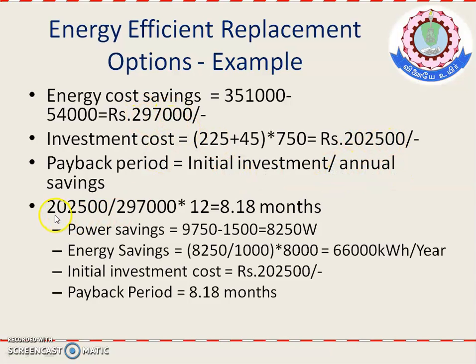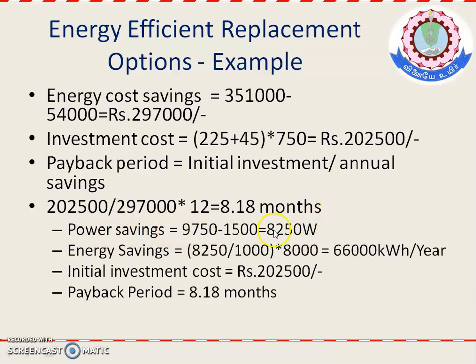So initial investment is 2,02,500 divided by 2,97,000 rupees into 12 per month. So this per month basis, since this is for a yearly period and you are converting to months, payback period in terms of months is 8.18 months.